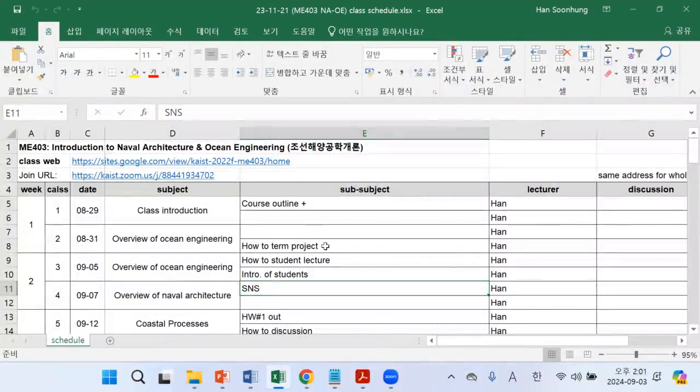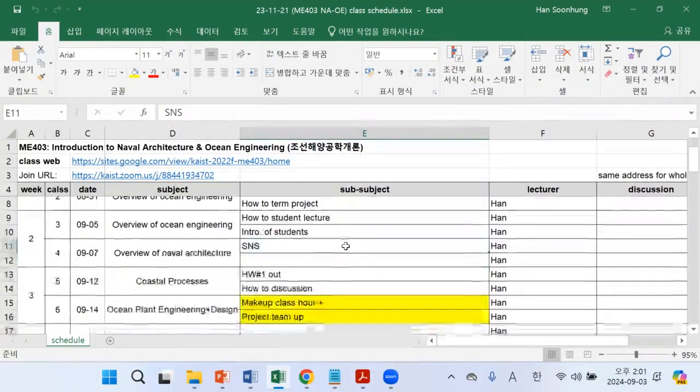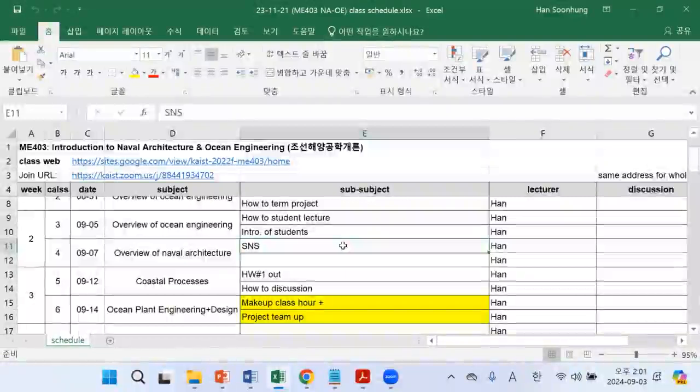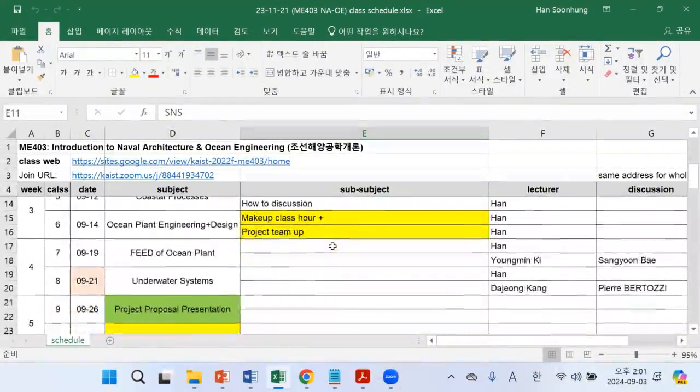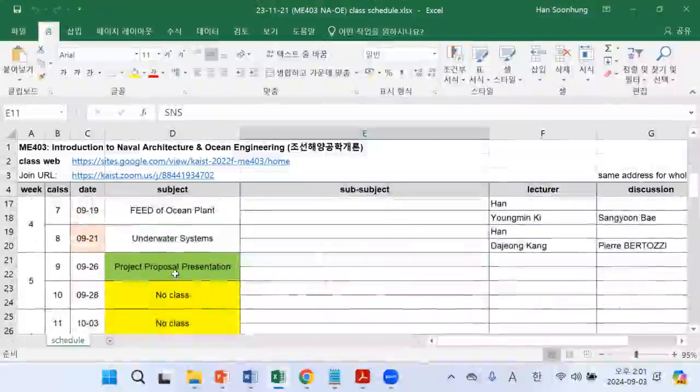So after that, we can fix our student members so that we may have an SNS opening, Kakao, homework one, and micro class, project team up, and then we start from project proposal presentation.